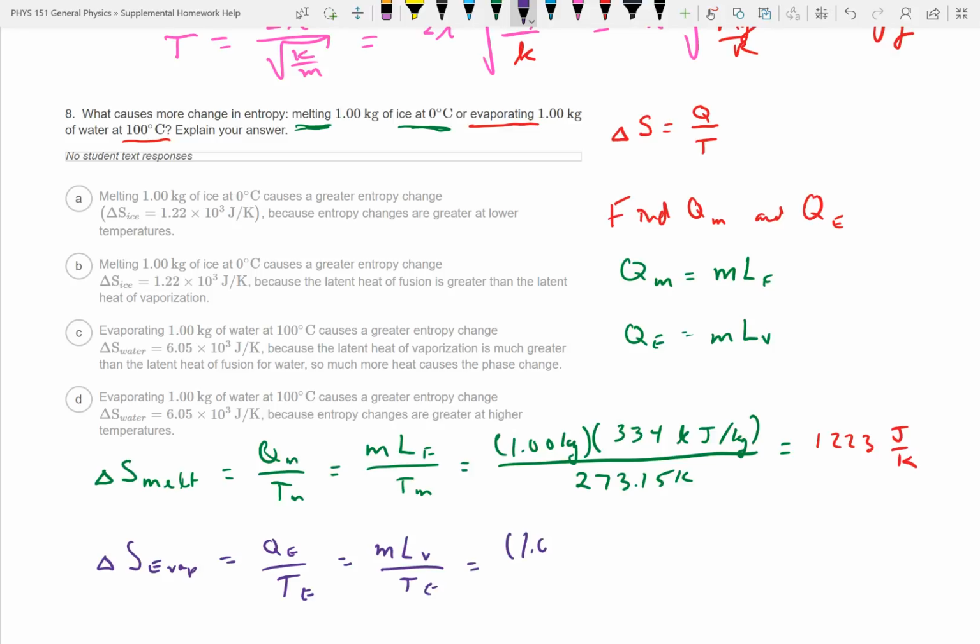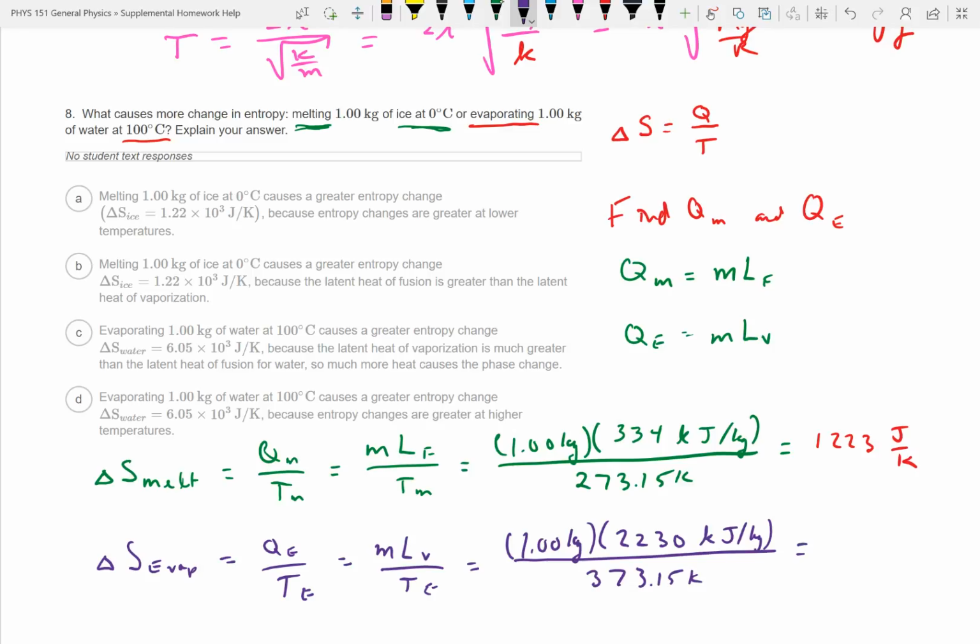The mass is 1.00 kilograms, and the latent heat of vaporization for water is 2230 kilojoules per kilogram. And what's the temperature for the evaporation? 100 degrees Celsius, so we have to use 373.15.